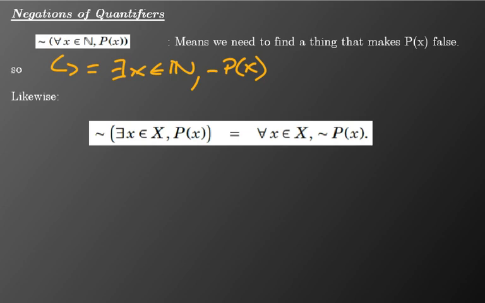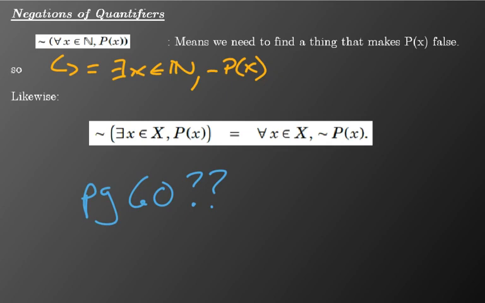If we want to negate this for all, we just need to find a thing that breaks it down. And likewise, the negation of a there exists is a for all. So if you want to negate there exists x in X such that p of x happens, you need to show that for all the x's in X, not p of x happens. That's the idea. So it's sort of a flip. It's almost like a formula, and I think it's somewhere around page 60, don't hold me to that.